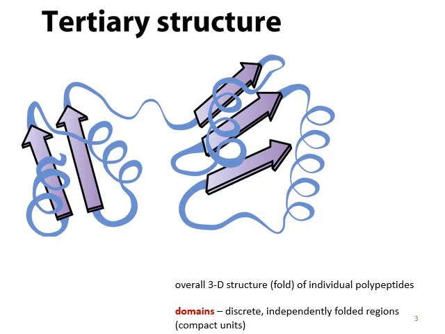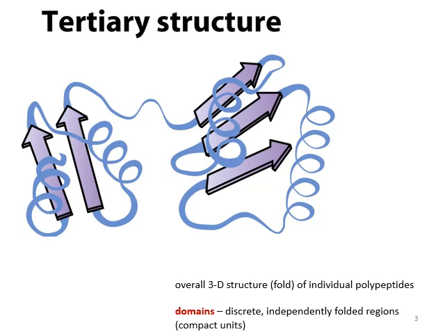And so here you can see we have our secondary structures, but the overall representation is of a tertiary structure, where now we've got secondary structures linked together in 3 dimensions, and each of these separate domains has some kind of purpose within the protein. It might be an enzyme activity, it might be an interaction activity with another protein or with another molecule like DNA, but the domain is going to have some discrete function.